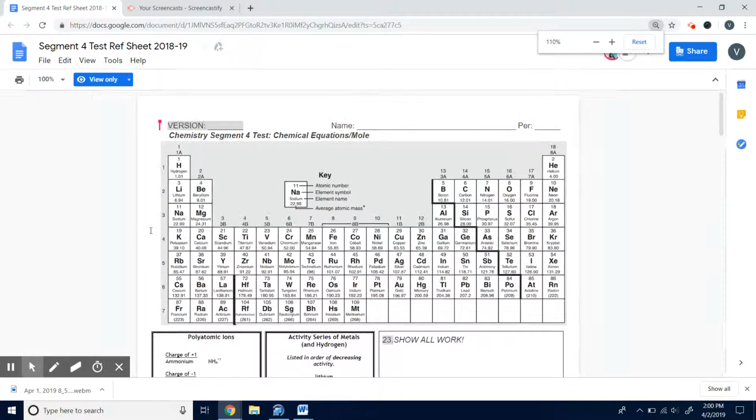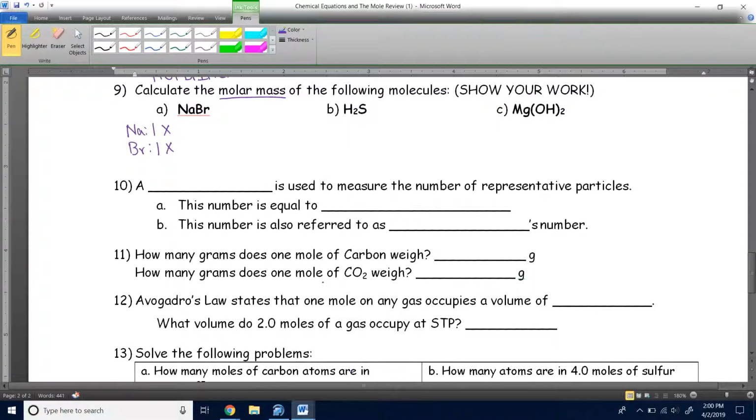So here I have Na, and it has a molar atomic mass of 22.99, which, since it's 0.99, we could round up to a nice even 23 grams per mole.